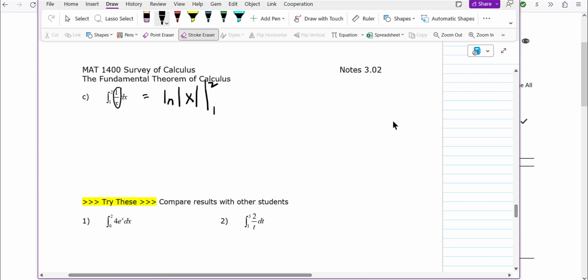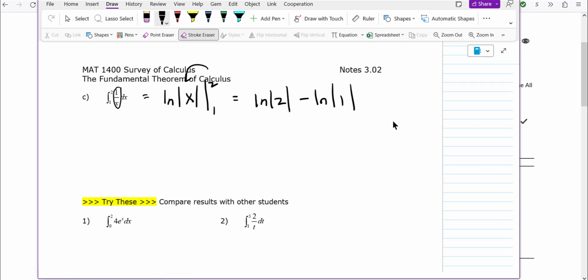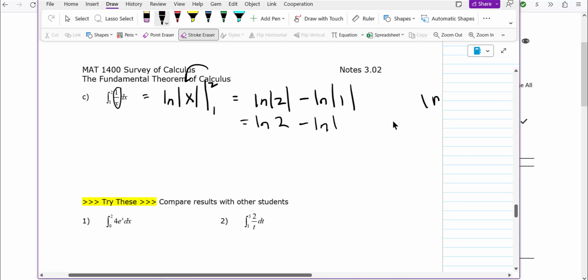I put the vertical bar, and then I plug this in like this. Plug in the upper limit. So you'd have ln of absolute value of 2 minus ln of 1. And the absolute value isn't going to make any difference on this. What you end up getting is ln 2 minus ln 1. And if you're doing ln of 1, that really means log base e of 1. Do you know what that is?